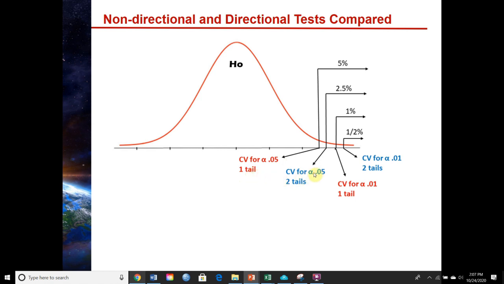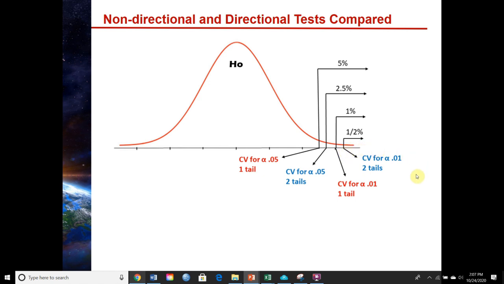The next easiest, as far as rejecting H0, would be alpha 0.05 using a two-tailed test. The next one would be alpha 0.01 one-tailed test. And what would be hardest, most difficult to meet the criteria for rejecting H0, would be alpha 0.01 two-tailed test. That area under the curve is the smallest area, the smallest target we're trying to hit. Plus this critical value is the largest number.